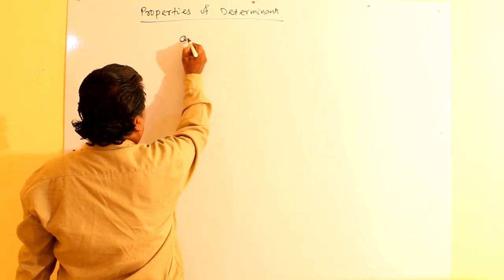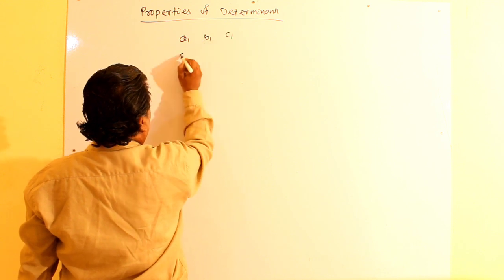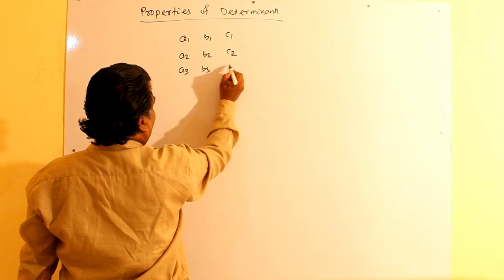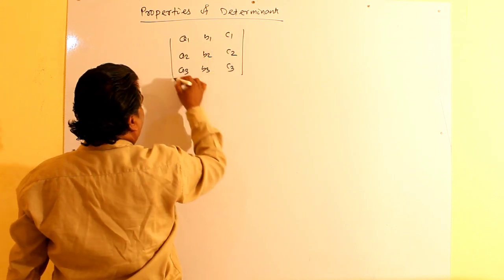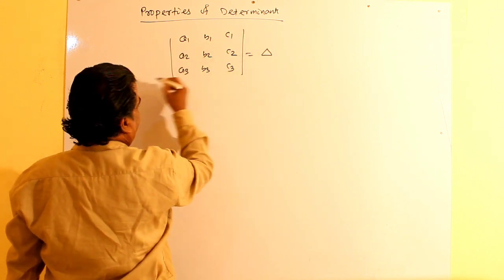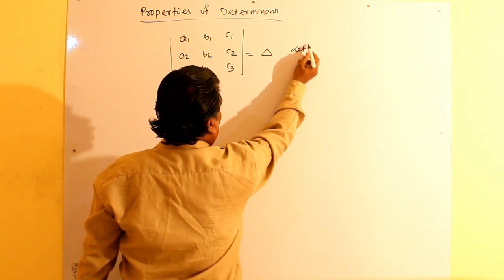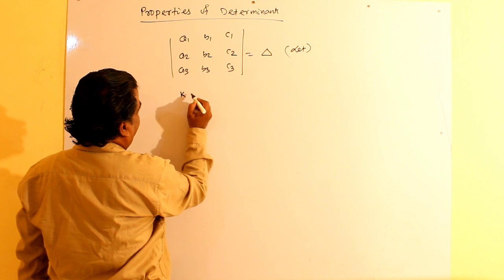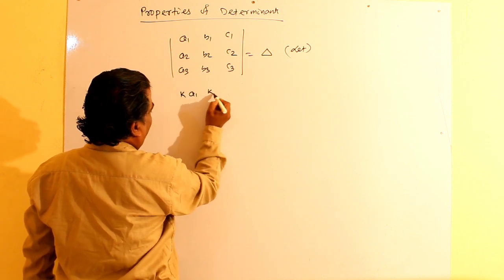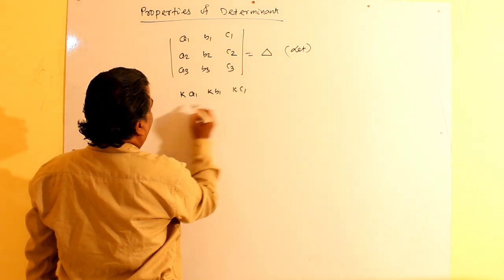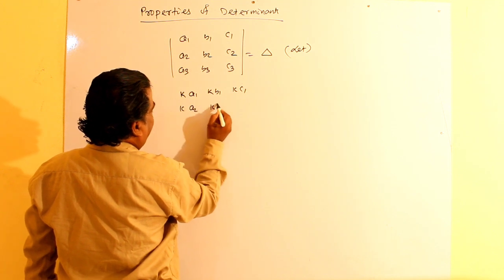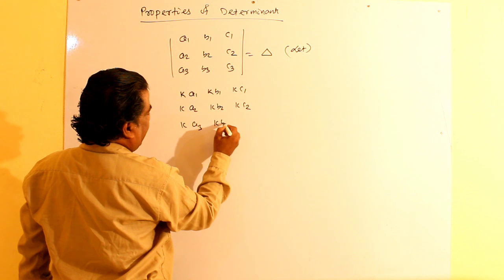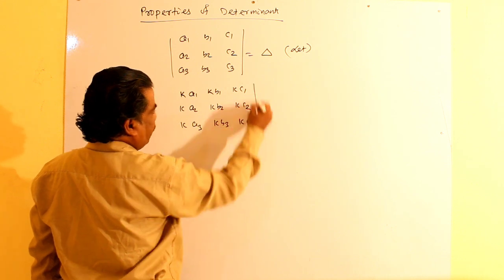Suppose the determinant is A1, B1, C1 and A2, B2, C2, A3, B3, C3, and let its value be equal to delta. We multiply by K: K A1, K B1, K C1, K A2, K B2, K C2, K A3, K B3, K C3.